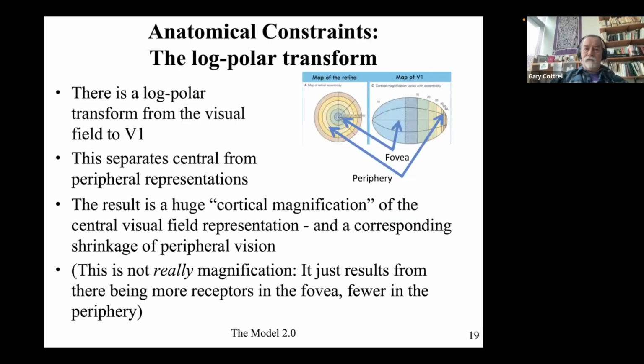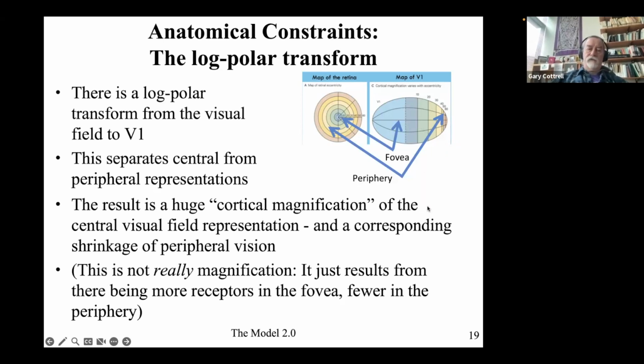And then from the retina to V1, there's a log polar transform. What that does is you end up with all the foveated data taking up almost half of V1, and then the peripheral input drops off logarithmically as you go farther out in eccentricity.